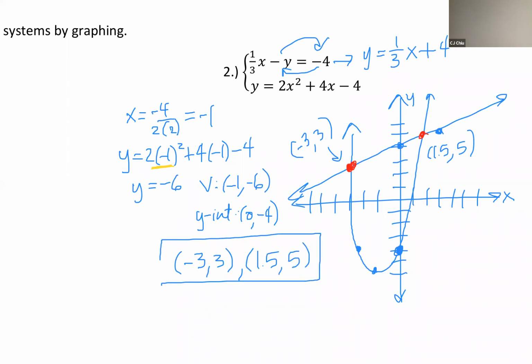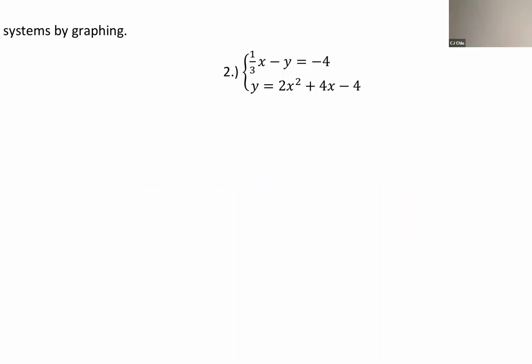I'd like you to write out the solutions separately and just kind of square them or circle them, okay? And there you go, okay? So change the line to slope-intercept form if you need be. Do a vertex and y-intercept for the parabola, and then see where the 2 intersect, okay? If they intersect. Okay, good?